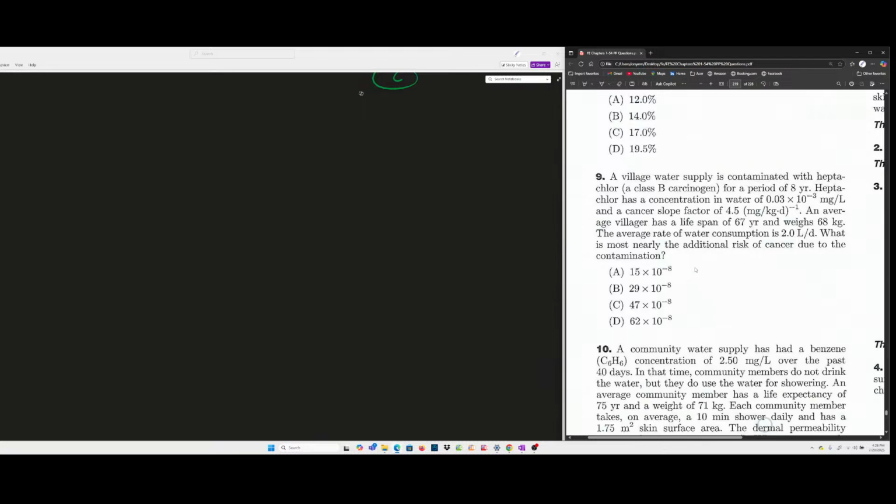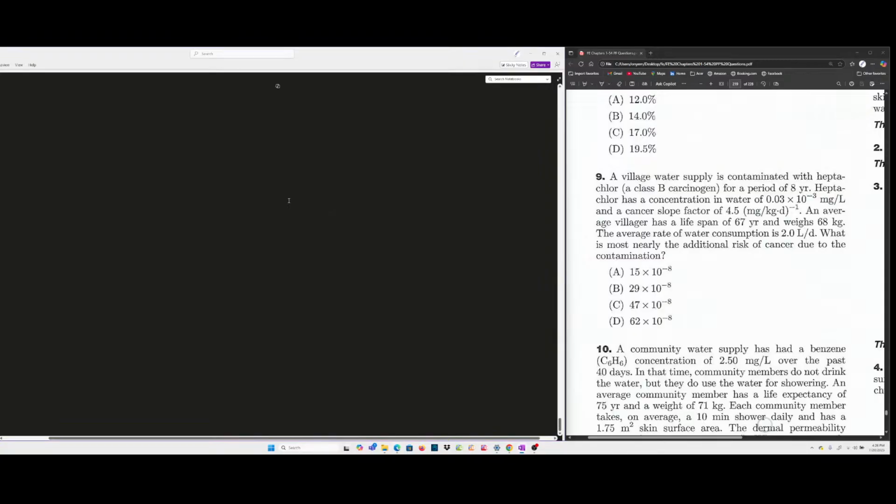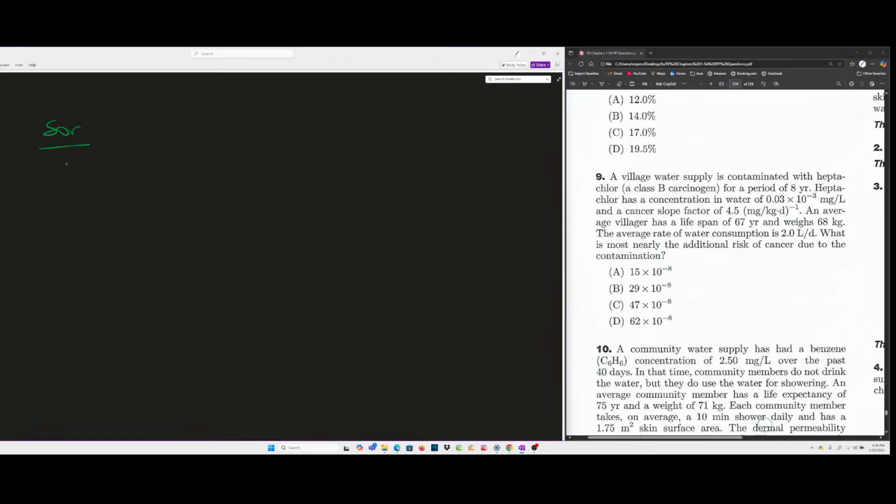They say the village water supply is contaminated with heptachlor, a class B carcinogen. Hope it's not your village that has this, but there's one village somewhere in the middle of nowhere that has this. So all we have to do is take the surrounding and the time span of 8 years.